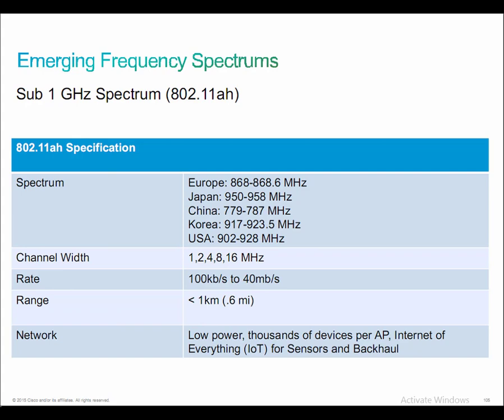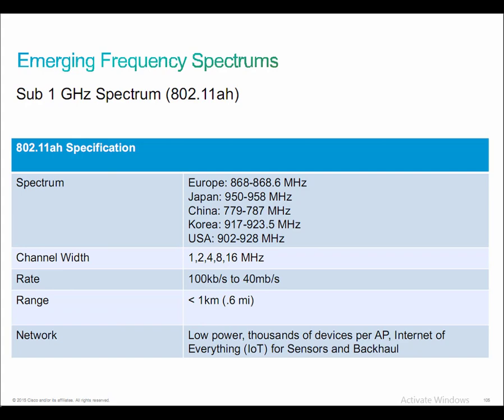Now, when you think about that, that's a very low frequency, sub 1 gigahertz, right? Due to that frequency, the range will be much greater than, say, 2.4 gigahertz or 5 gigahertz. What would this be used for? Most probably it's going to be used for sensor networks, like we talked about, like Zigbee devices.